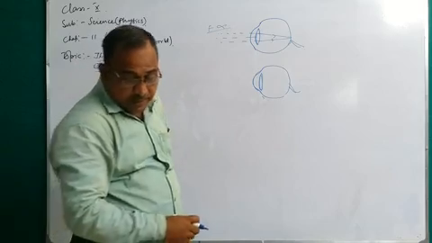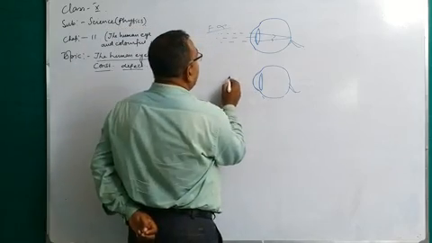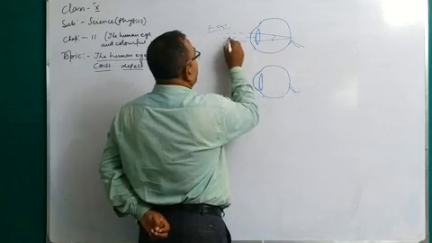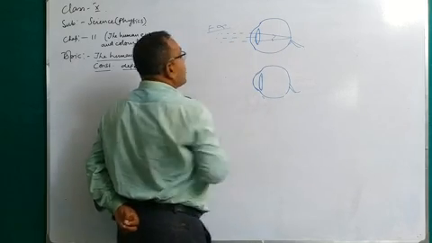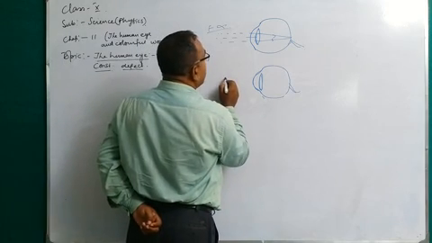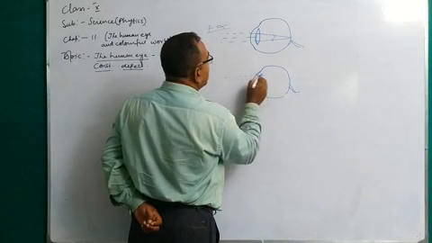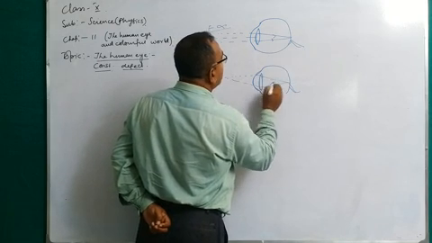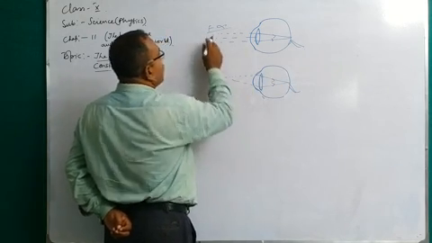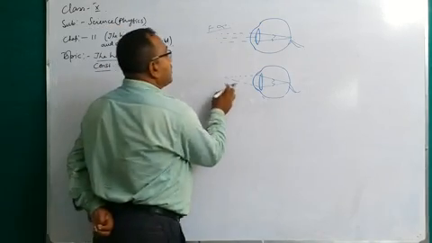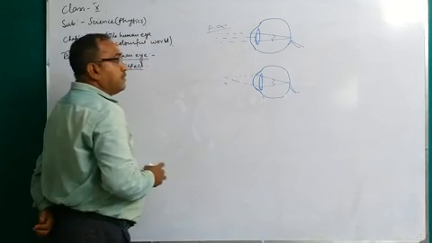For the myopic eye, suppose your far point is created at a certain distance from your eye. So you see this object with the help of your lens at that position. So it is not infinity. The far point is created at a certain distance from your eye.